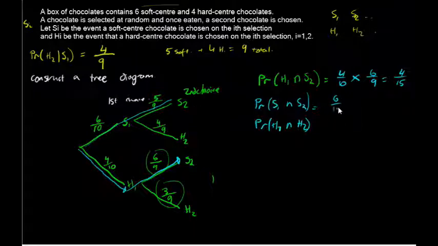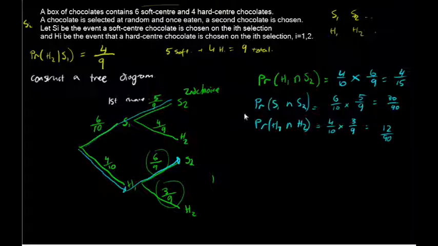So 6 out of 10 times 5 out of 9. And there's only one way I can get H1, H2. So 4 out of 10 times 3 out of 9. If I work those two out, it'll be 30 out of 90 and 12 out of 90.